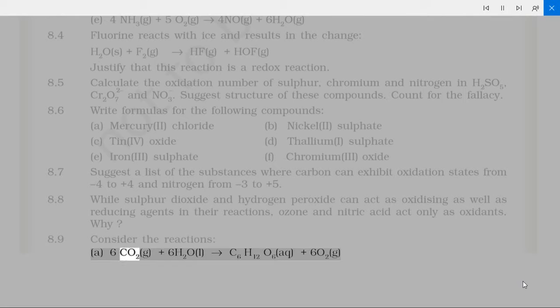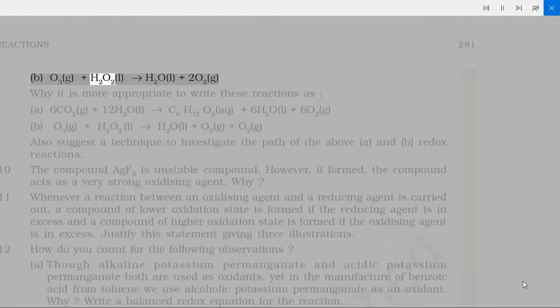8.9 Consider the reactions. A, 6CO2(g) + 6H2O(l) → C6H12O6(aq) + 6O2(g); B, O3(g) + H2O2(l) → H2O(l) + 2O2(g). Why is it more appropriate to write these reactions as A, 6CO2(g) + 12H2O(l) → C6H12O6(aq) + 6H2O(l) + 6O2(g); B, O3(g) + H2O2(l) → H2O(l) + O2(g) + O2(g)?